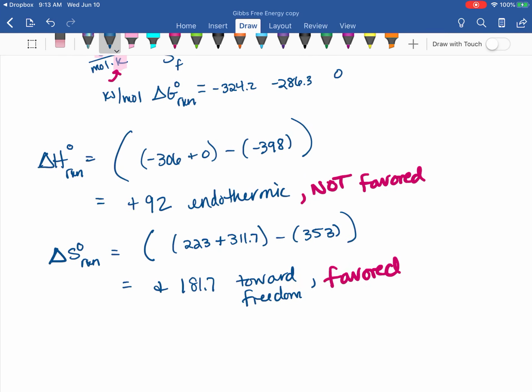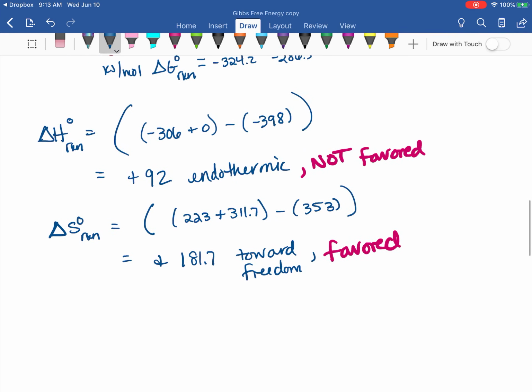So what we need to do is calculate. There are two ways to calculate. If you are at, and this is big, so if you are at 298K, that is what's on our table. That is our standard. Okay, that's why we have this little knot here. We are at standard room temperature.